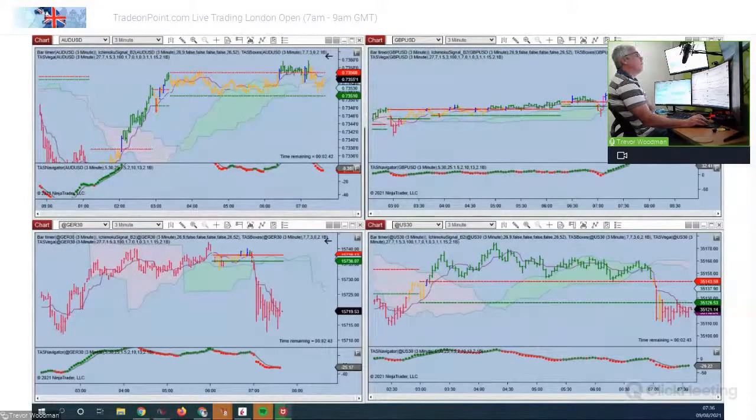Okay, and we can see we are moving slightly lower.